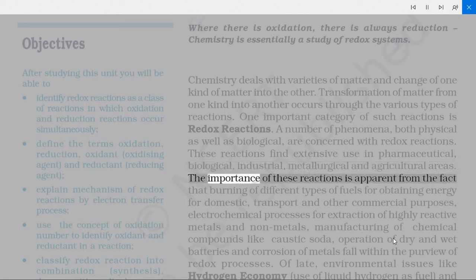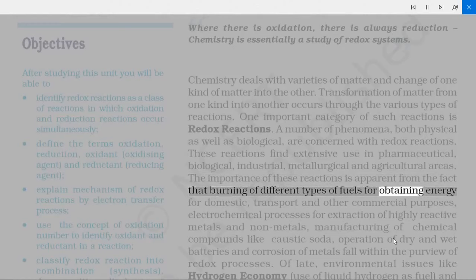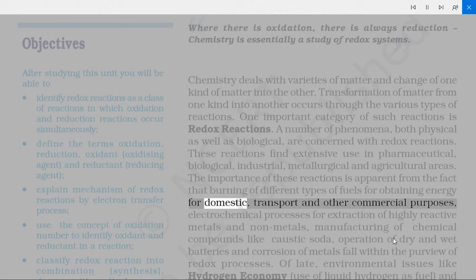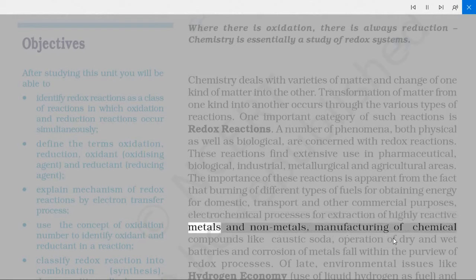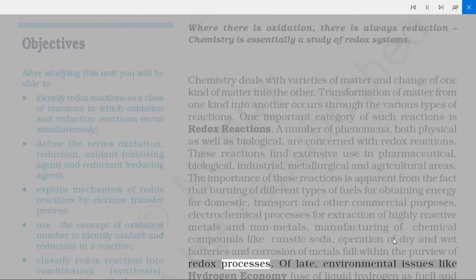The importance of these reactions is apparent from the fact that burning of different types of fuels for obtaining energy for domestic, transport and other commercial purposes, electrochemical processes for extraction of highly reactive metals and non-metals, manufacturing of chemical compounds like caustic soda, operation of dry and wet batteries and corrosion of metals fall within the purview of redox processes.